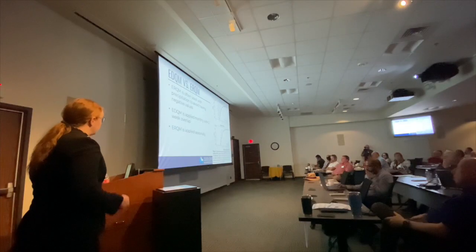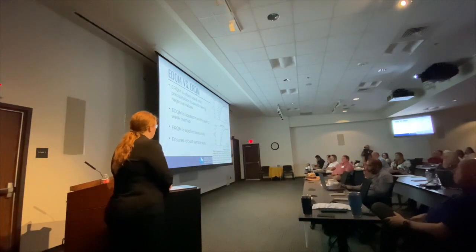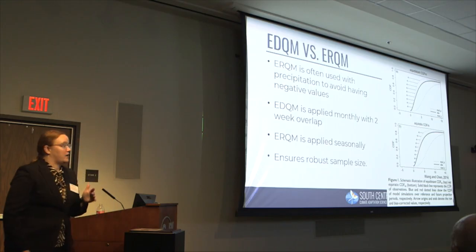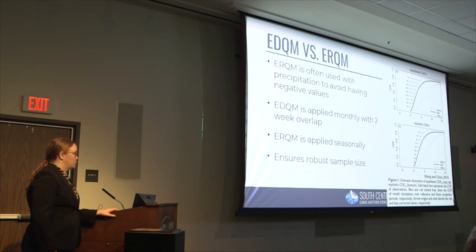The reason for this is the ERQM does need a robust sample size, particularly of non-zero values. Particularly in the western part of the Edwards Aquifer region, which is very arid, doing it seasonally as opposed to monthly allows us to have enough non-zero values to make a robust relationship.